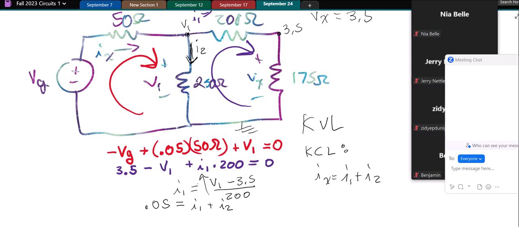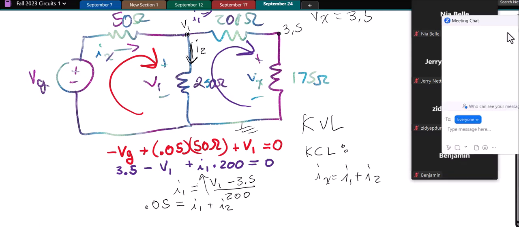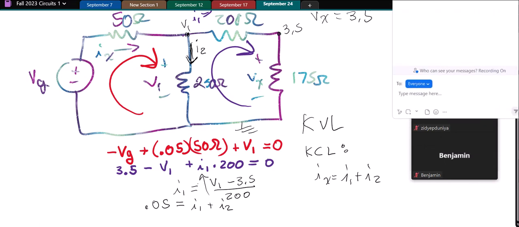And then I would need to replace I2. It seems like I just introduced yet another variable, but I can say that I2 equals V1 over 250.